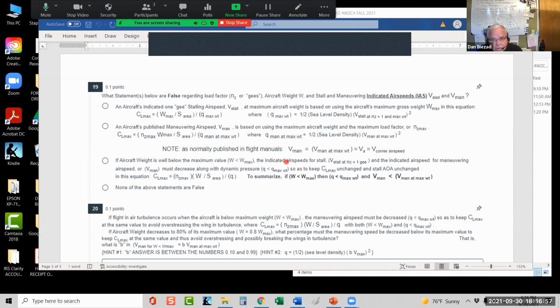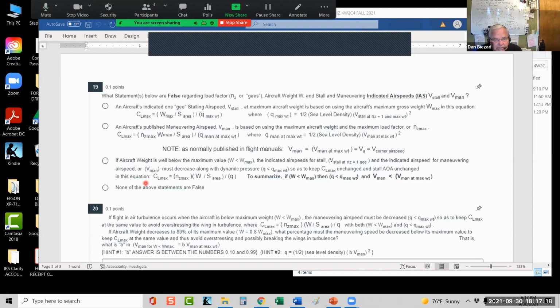the indicated airspeed for stall at 1G and the indicated airspeed for maneuvering must decrease along with the dynamic pressure so as to keep CL max unchanged and the stall angle of attack unchanged. So what I'm saying is, here's the equation.